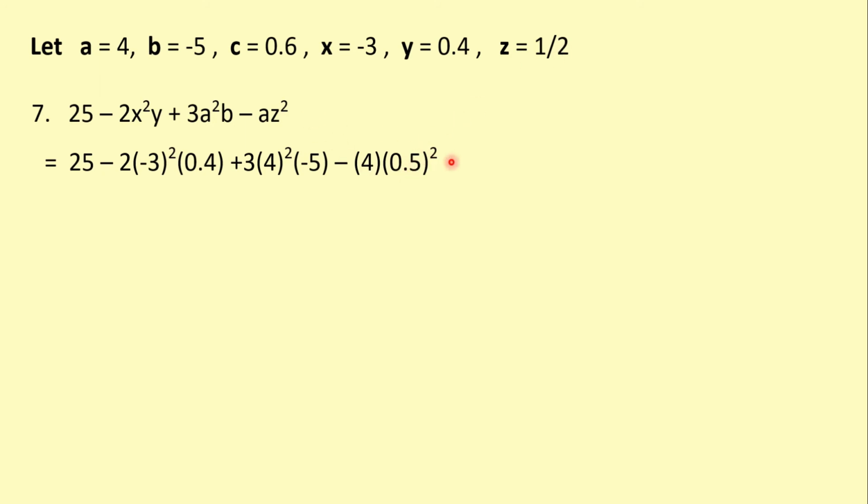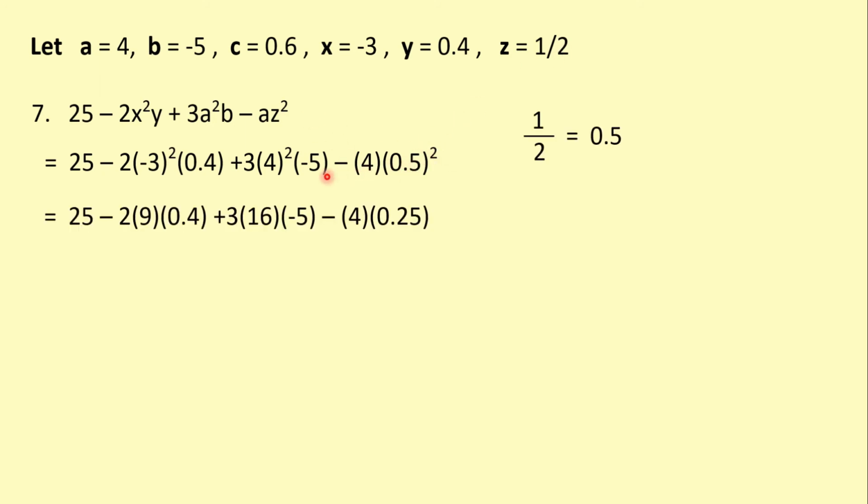So ito na. Then simplify. Negative 3 squared is 9, okay, times 0.4, then 4 squared is 16, so isasama lang natin ulit. 0.5 squared is 0.25. Then simplify ulit.